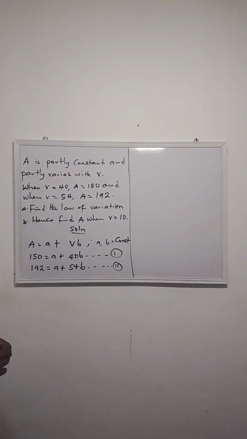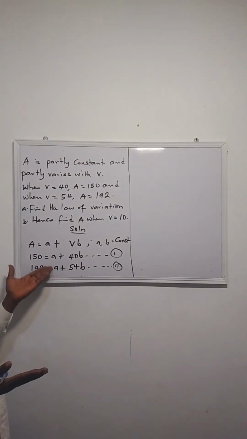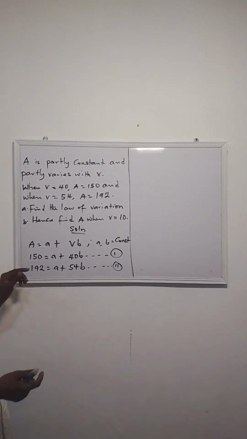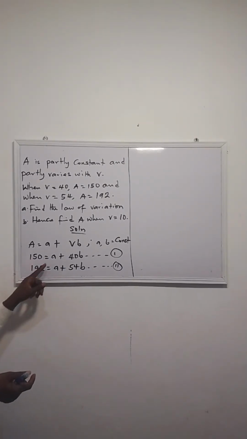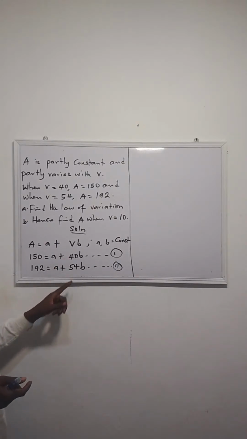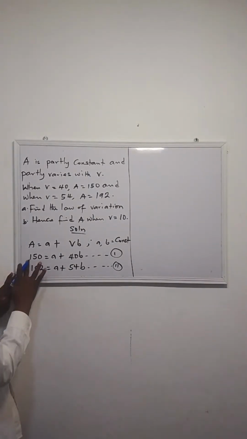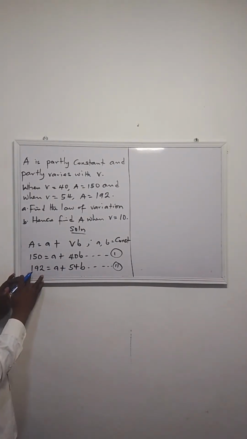Now, the next thing is to solve these equations simultaneously. It's a very simple equation, so we just subtract one from the other. So I subtract this from this, and this from this, or the other way around. Now I'm going to take away 150 from 192. When you subtract, what do you have?